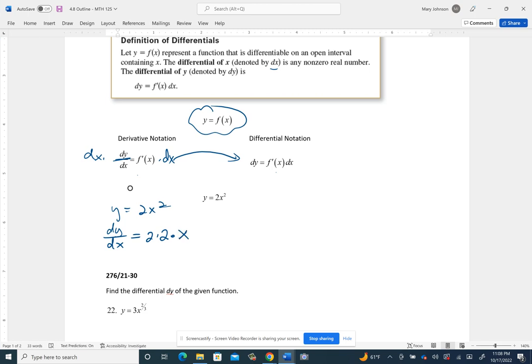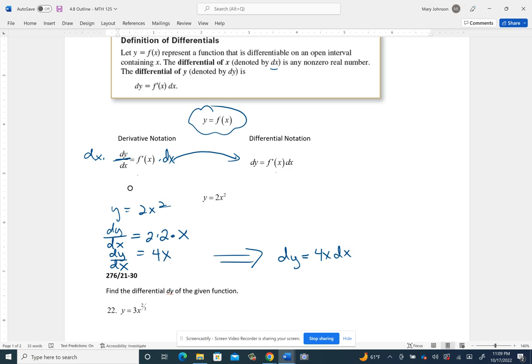So it would just be 4x. We know that. Okay, so dy dx equals 4x. Well, when I come over here to then write this in differential notation, all I'm going to do is multiply both sides by dx, and rewrite it as dy equals 4x dx.